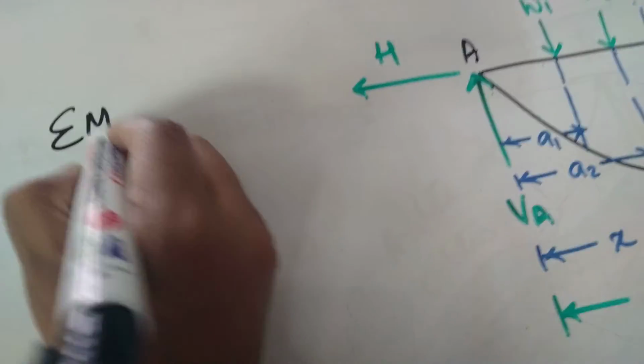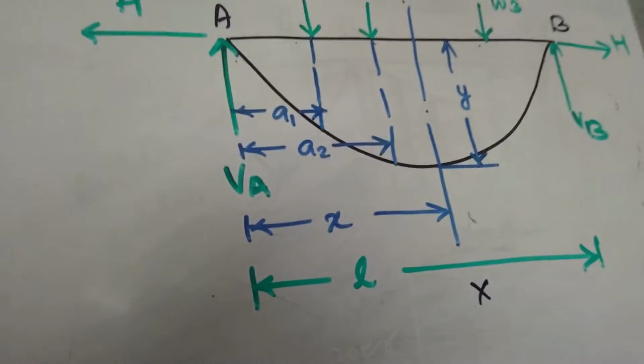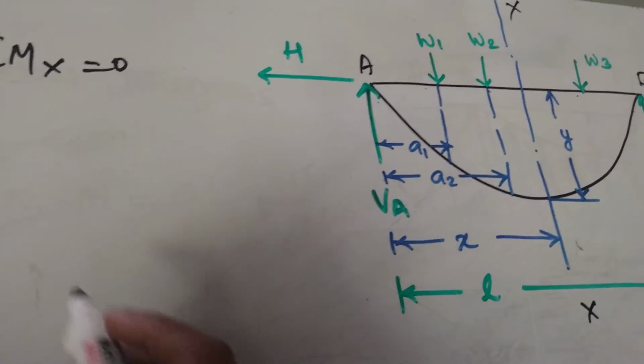So now we take sigma M about the section X equal to 0. That is, moment about X is equal to 0.